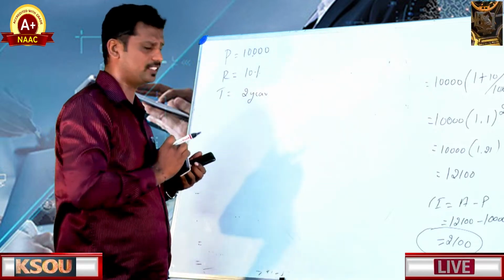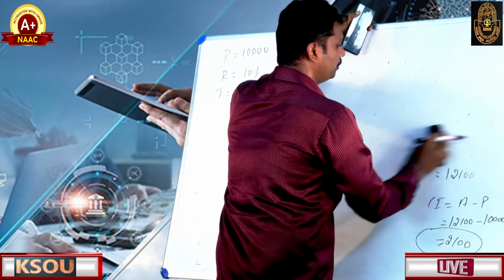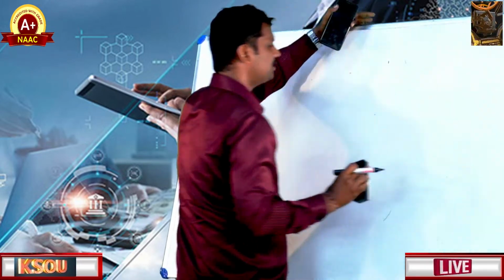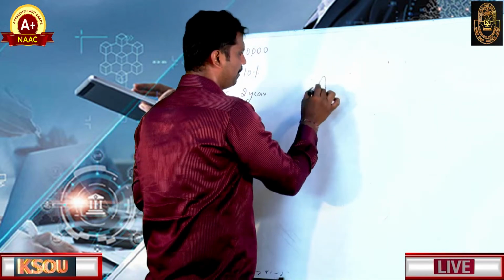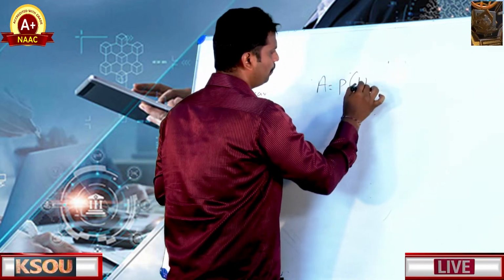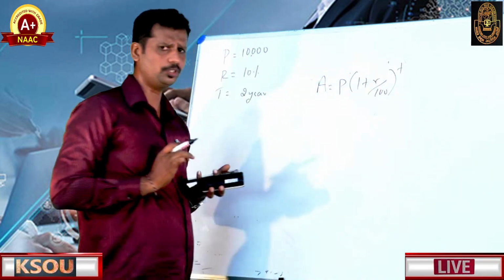Here also, in compound interest, they give the interest amount and the principal amount, and ask different questions. So we can solve with the same equation: A equals P into 1 plus R divided by 100, to the power of T.